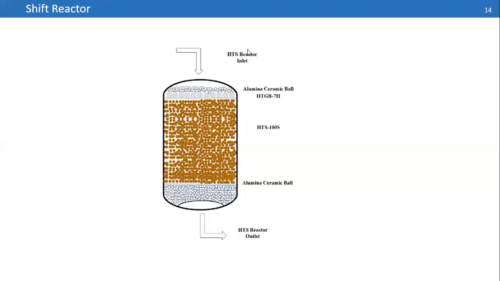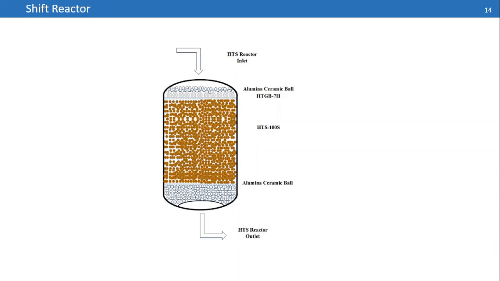For the shift reaction, we have a high temperature shift reactor that reduces the carbon monoxide from, for example, 30% in the inlet to around 3% in the outlet, but that is the thermodynamic limitation. We cannot reduce it anymore.